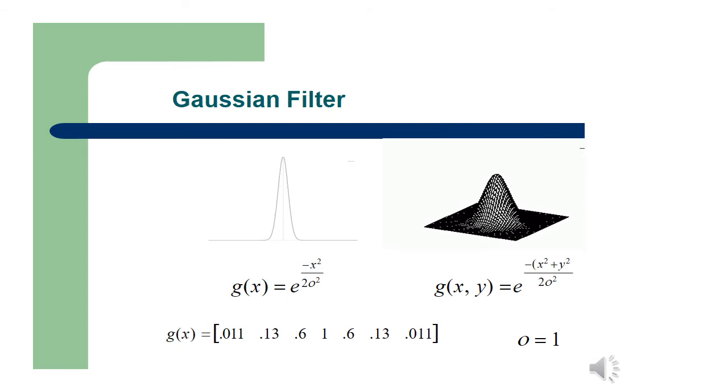So here we have an example of a Gaussian filter. For example we have this function for the Gaussian, and the expression for the Gaussian with respect to x is this. We take minus the square of the x value and divide it by 2 into sigma square.